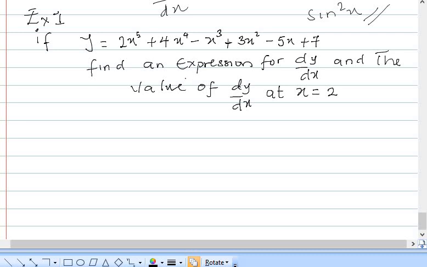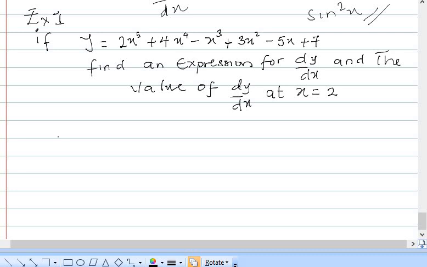Basically, what this question means is to find the derivative of this function first and then substitute the value of x as 2 into the derivative after you find it.